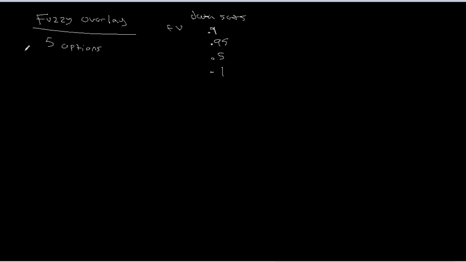Okay. So the first 2 options are what are called logical operators. These are going to be the logical operator AND and the logical operator OR.